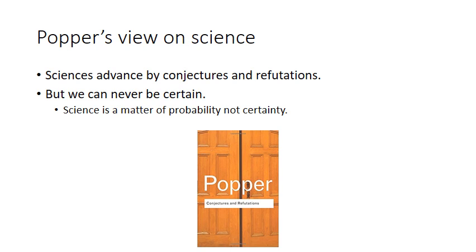Now, sciences advance, according to Popper, by conjectures, hypotheses, and refutation. So we have a certain kind of hypothesis, we're going to test that hypothesis, and then we're going to refute it, or at least parts of that hypothesis, replace it by new hypotheses, which again are going to be tested. And that way we get closer and closer to the truth.